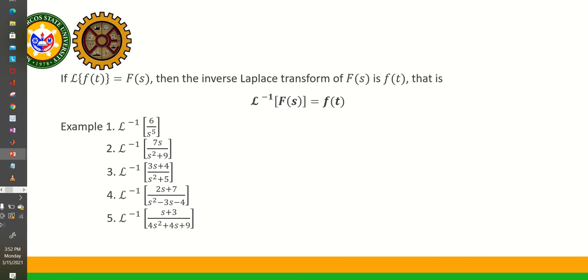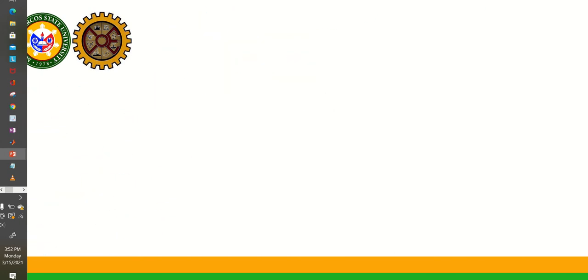So let's have example number 4, the inverse Laplace of 2s plus 7 over s squared minus 3s minus 4.